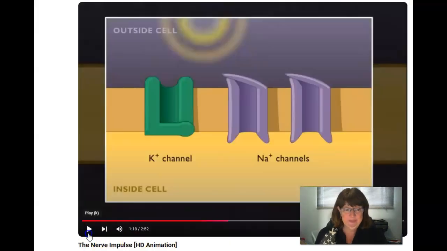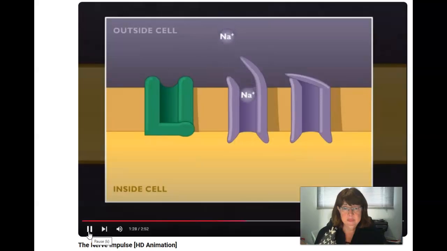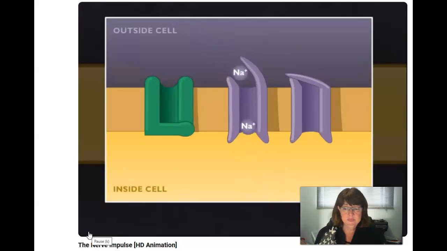Back to the video. Ions flow into the cell, lessening the charge difference at that location. If the change is enough, it will cause nearby voltage-gated sodium channels to open. This allows so many sodium ions to flood into the cell at that location that the membrane there is depolarized.